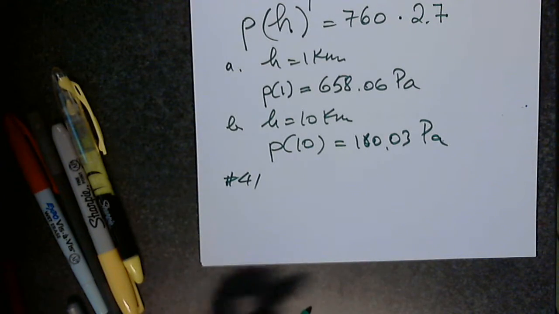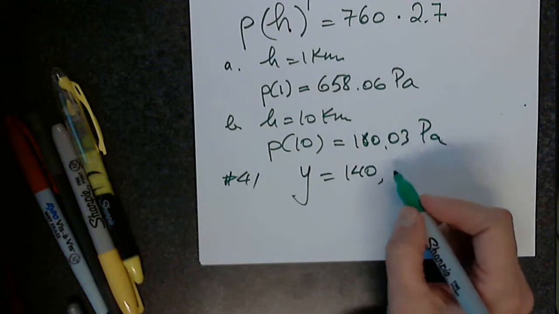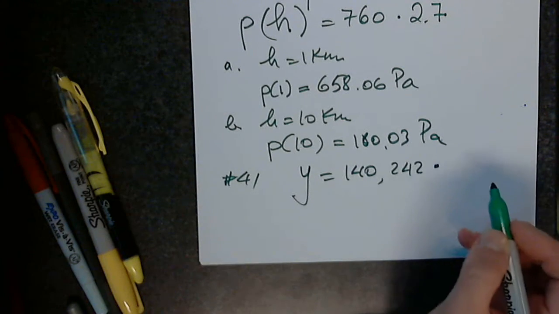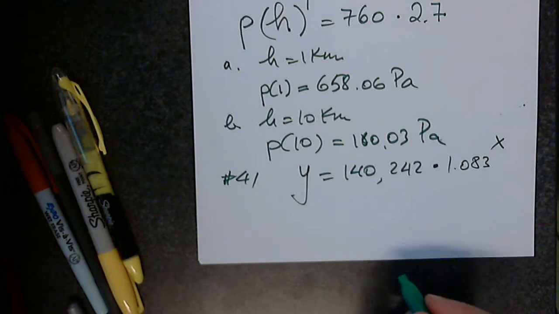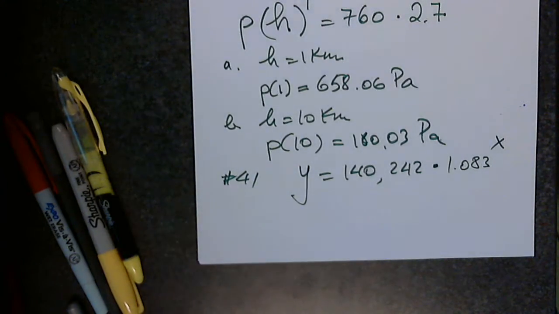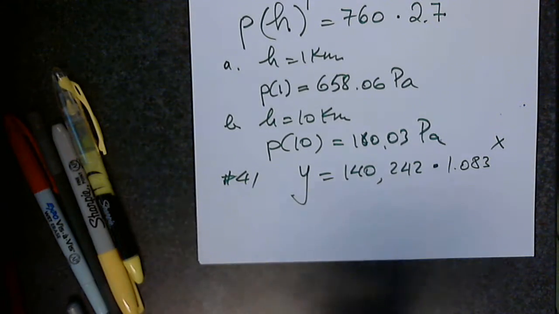Problem 41. The equation y equals 140,242 multiplied by 1.083 raised to x models the number of American college students who studied abroad each year from the year 2000 through the year 2009.